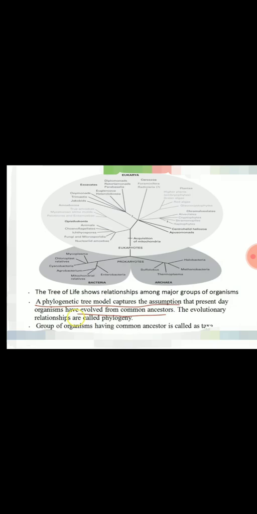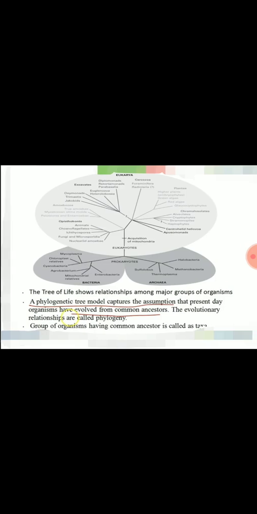Suppose human beings, all the human beings as a group of organisms, are known as the taxa, or also the descendant, or OTU. OTU means operational taxa unit. There are three names: descendant, taxa and operational taxa unit.